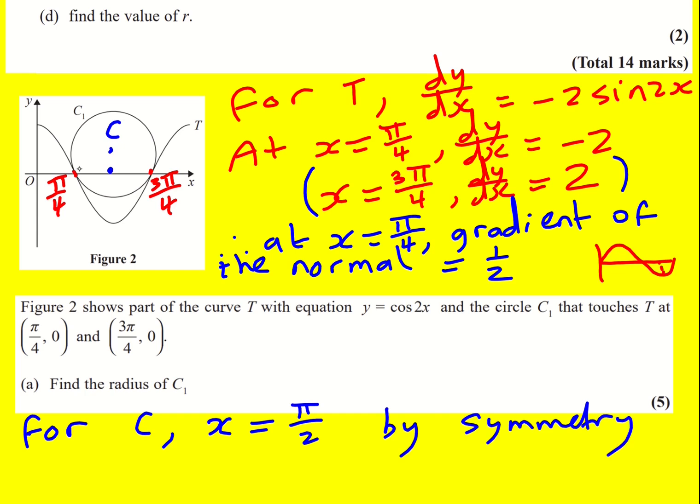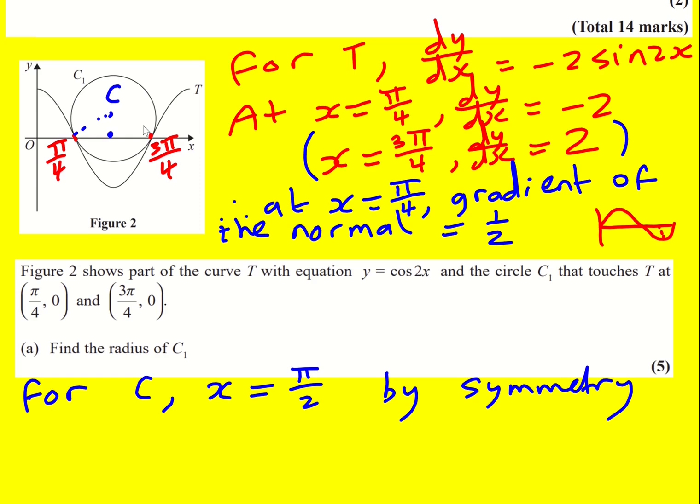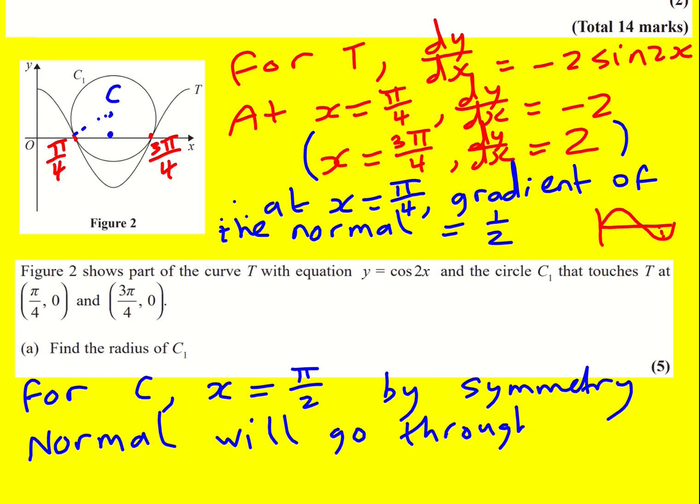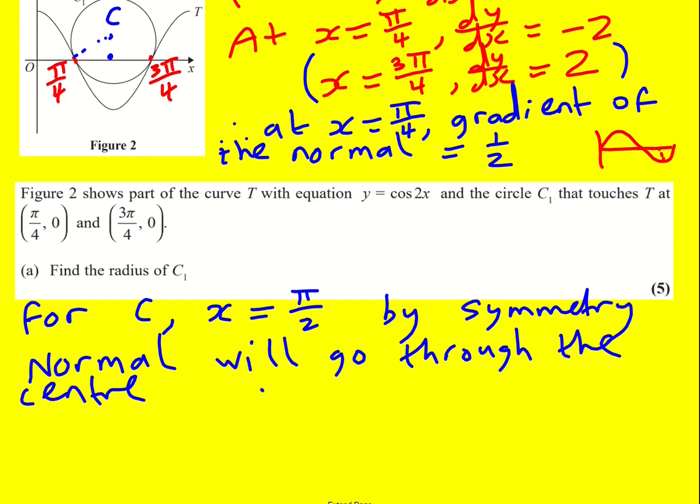And then what we've just shown is that the normal, which by the way will go through the center, it always does, will go through the center. We've got this little triangle going on, and we're going along pi over 4 to get from pi over 4 to pi over 2.